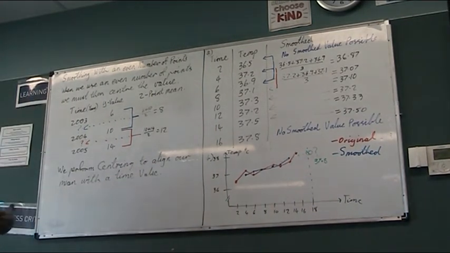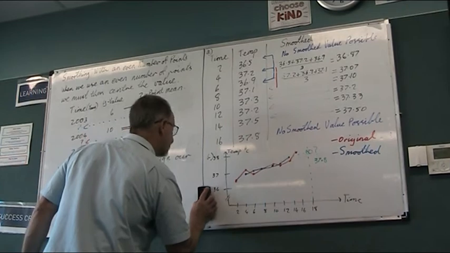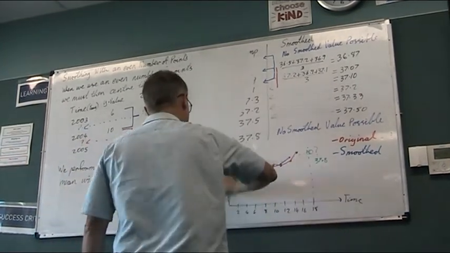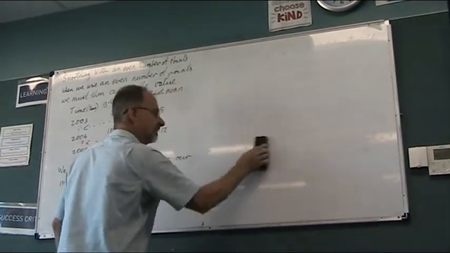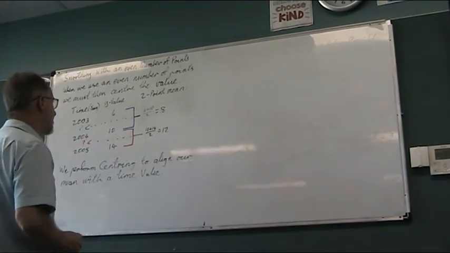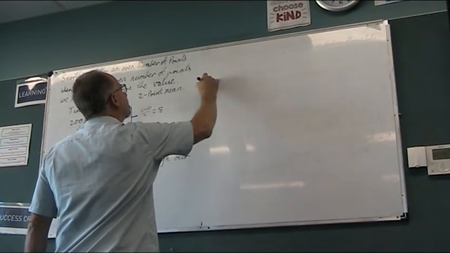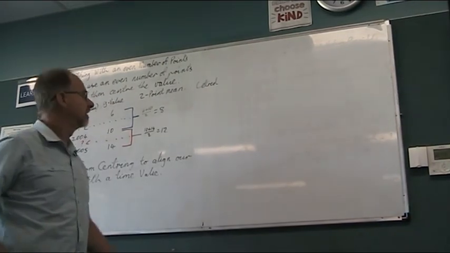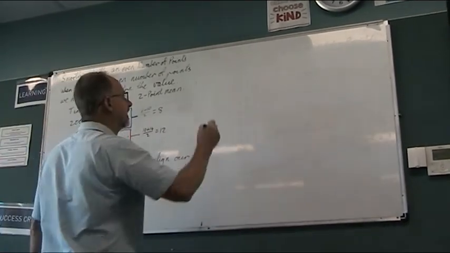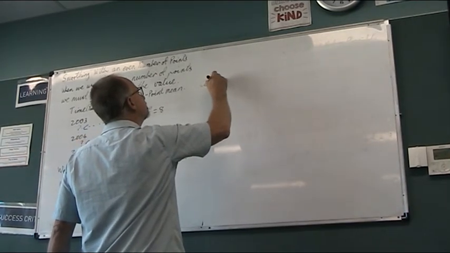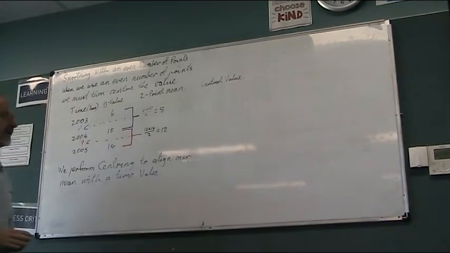Now, I haven't really left myself with enough room there, that's a bit bad. Anyway, this is how we do it. We need another column here now, and this column is our centered value.